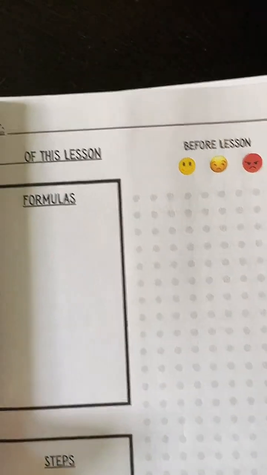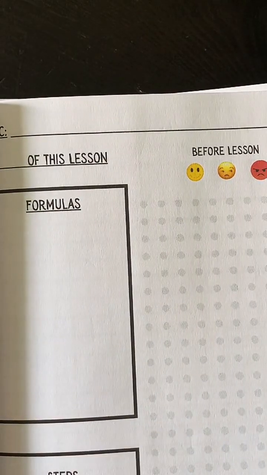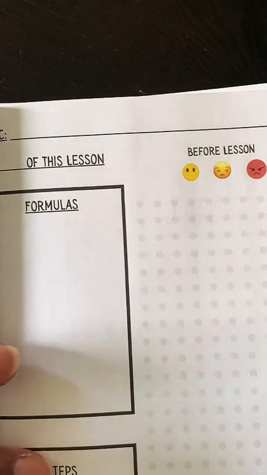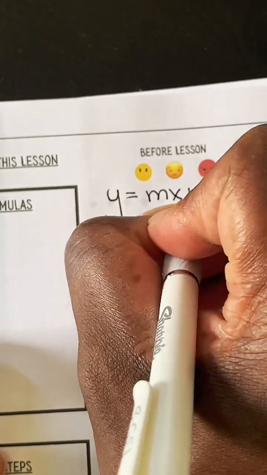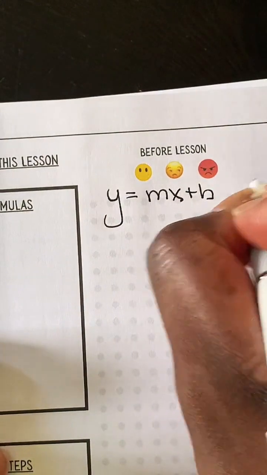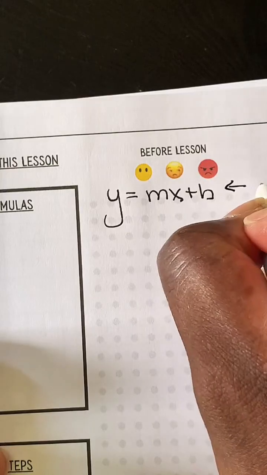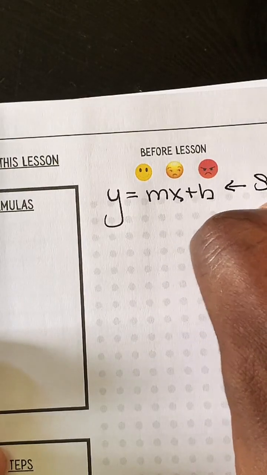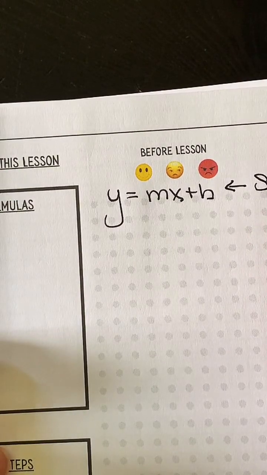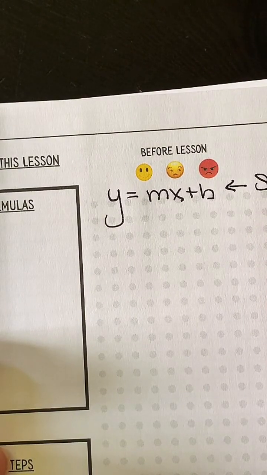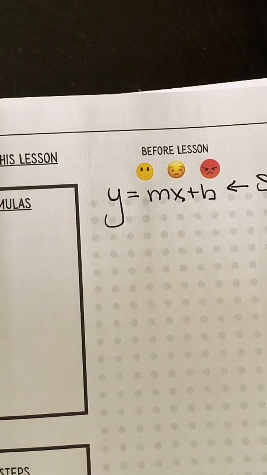Okay. So now we're looking at an equation of the line. And some people will actually call it slope-intercept form. So we have our slope, and I'm gonna unzoom so you all can see this.